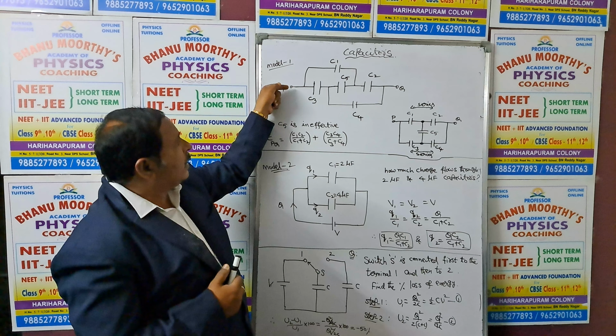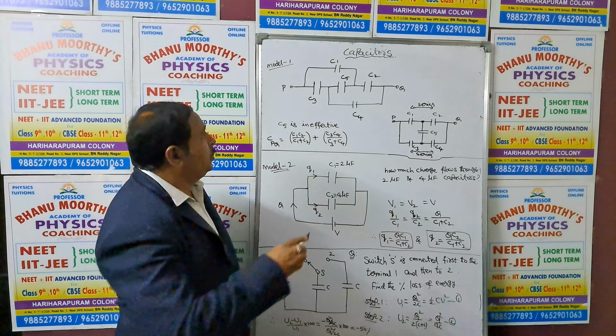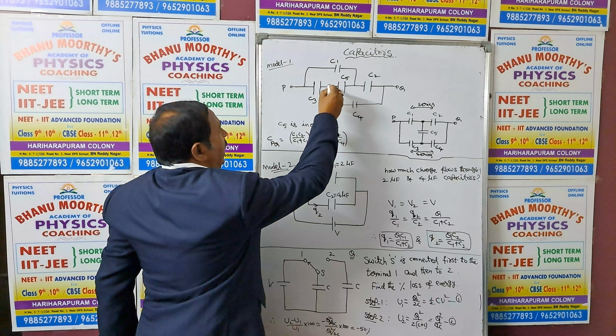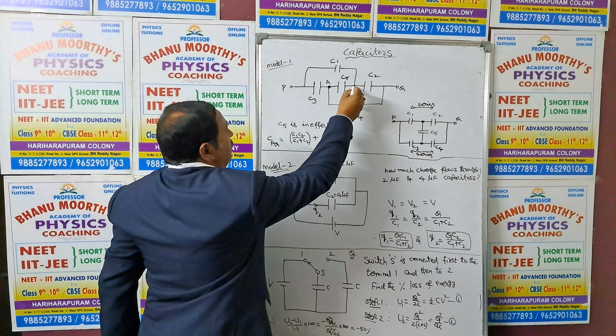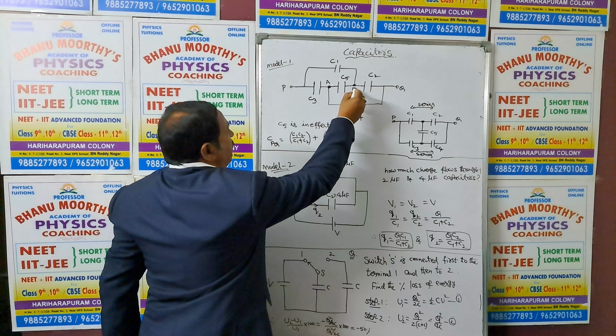So C1, C2 are in series. Its equivalent circuit I drew here. At the same time, the charge travels through C3 and passes through C4, reaching Q. So C3 and C4 are connected in series. This terminal is A, this terminal is B.